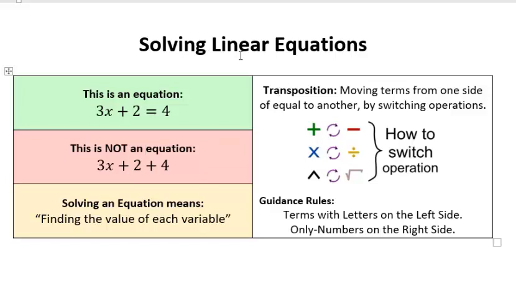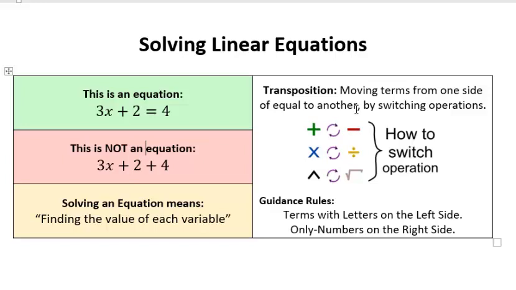For solving linear equations, we're going to use a method called transposition. It's pretty simple. Basically, you move terms from one side of equal to the other one. You switch operations. So it works like this. Every time you move something from one side to the other one, the sign is going to change. If it's positive, it's going to become negative. If it's negative, it's going to become positive.